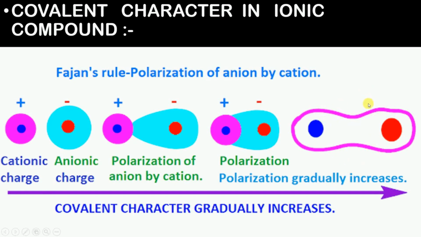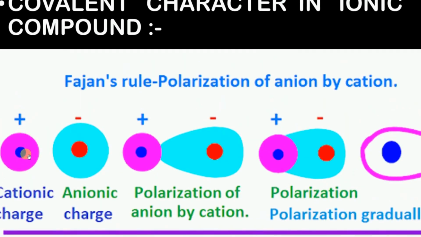Now this dark blue color which you can see, let me zoom it. This dark blue color is nothing but the nucleus of the cation, and this red color is the nucleus of anion.